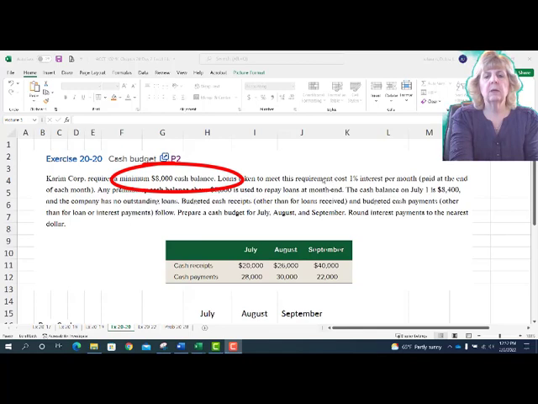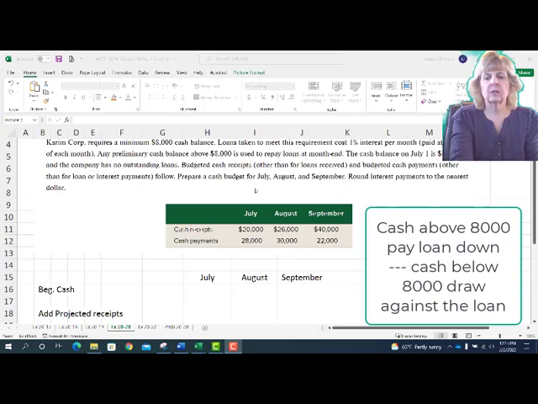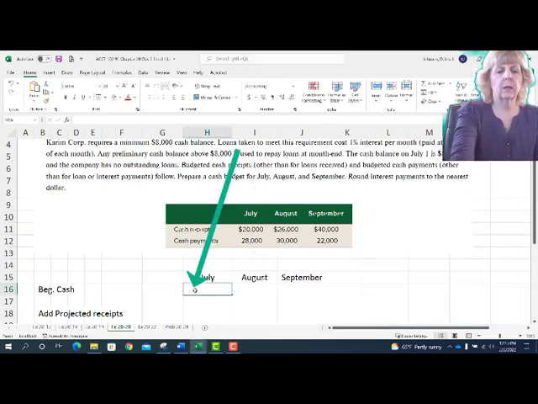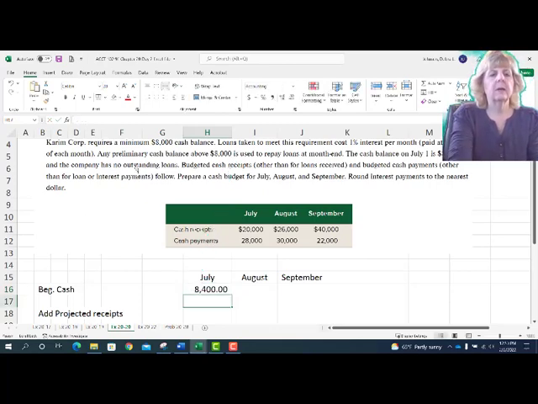Loans taken to meet this requirement cost 1% per month. Again, kind of unusual that they give us a monthly rate, but they did. Any preliminary cash balance above $8,000 is used to repay those loans at month end. They give us a starting cash balance of $8,400. I'm going to go ahead and drop that in while we're thinking about it. And the company has no loans.